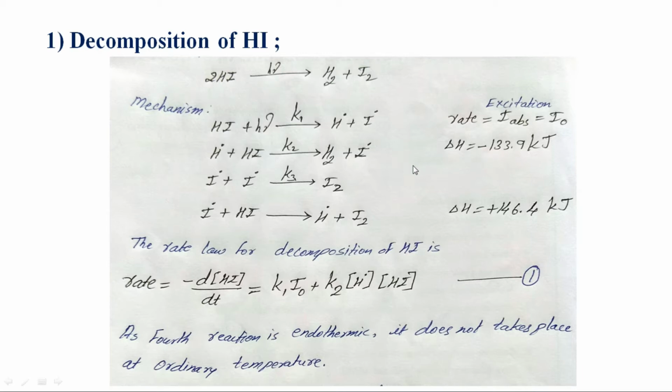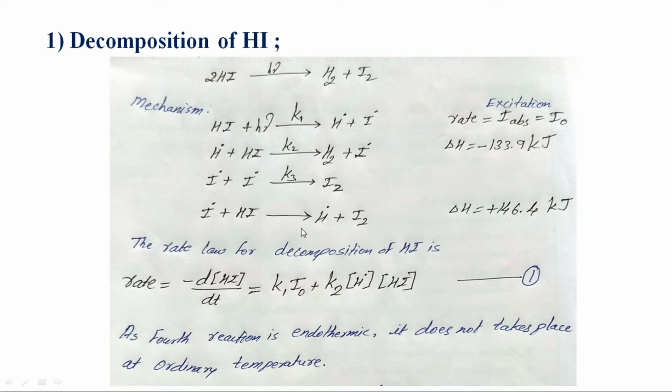So it is more feasible because according to thermodynamics, when delta H is negative, it is a spontaneous process, it is more feasible. Now these iodine free radicals obtained react together to form iodine. This is the third step, and a fourth step is, there is also possibility that these iodine free radicals interact with HI to form hydrogen free radical with the liberation of iodine molecule.